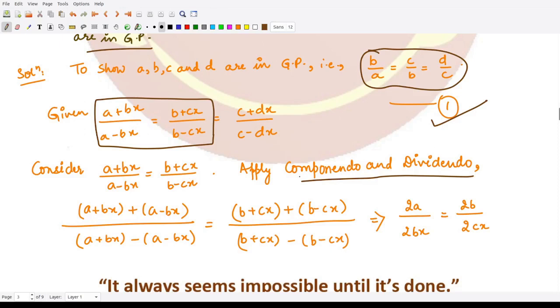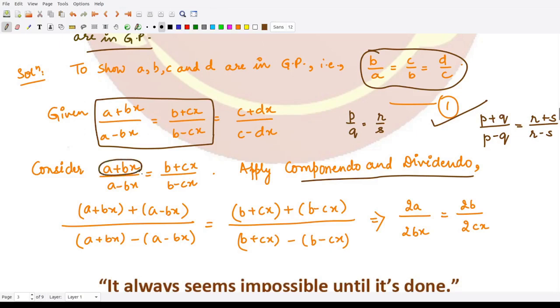If you have P/Q = R/S, then in componendo and dividendo you add the numerator and denominator, P + Q, and divide it by the difference of the numerator and denominator, P - Q. This is equal to the same operation on the right-hand side: you add the numerator and denominator and write it in the numerator, and subtract and write it in the denominator.